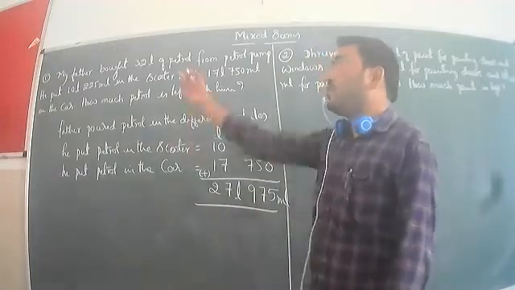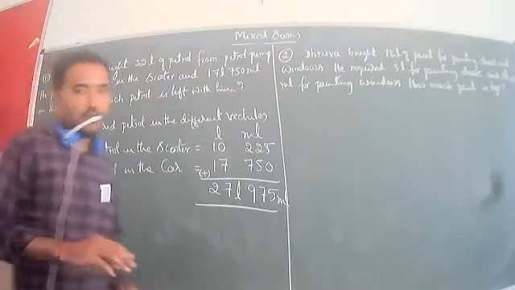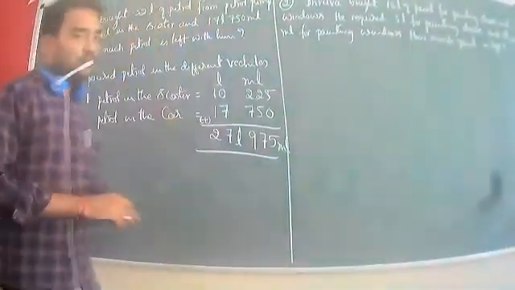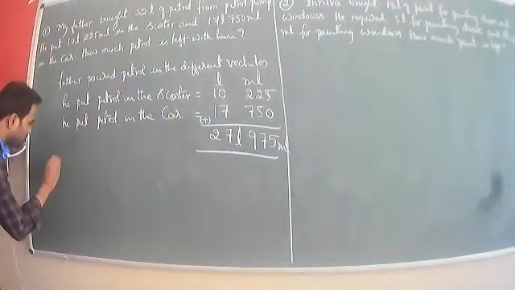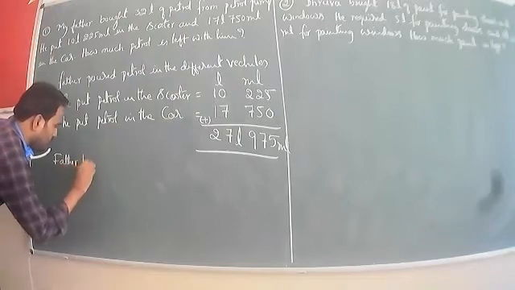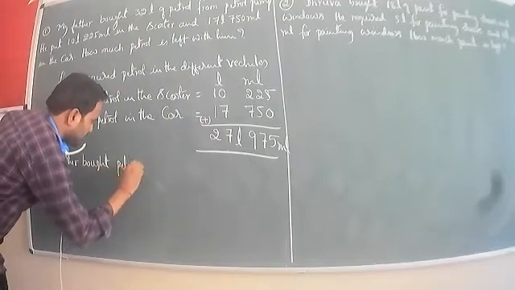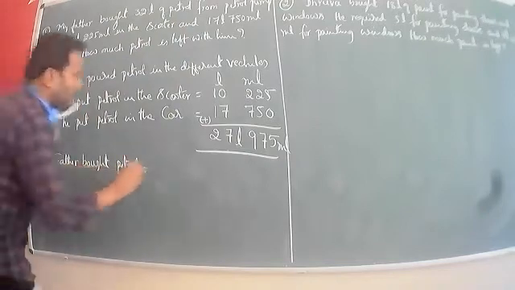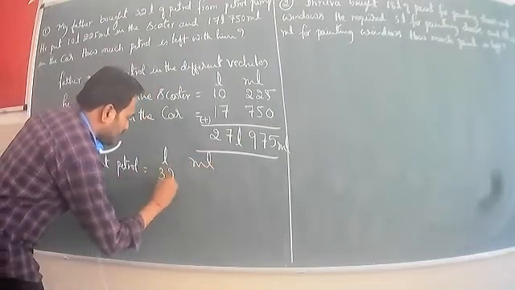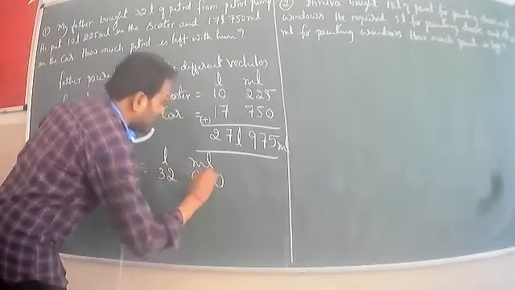So total, father bought petrol, so we should find out how much petrol father bought. 32 liter. ml is not there, so we should write 0 ml.